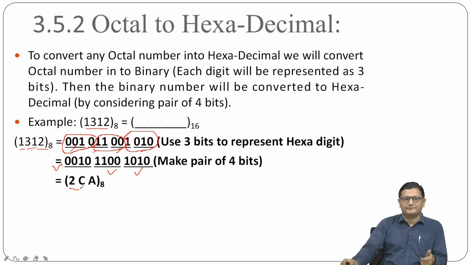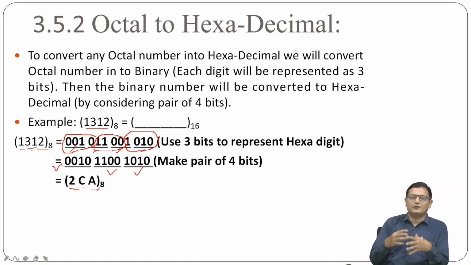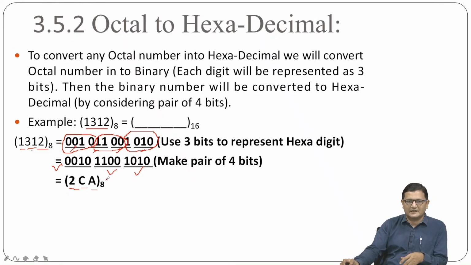By writing C. Now here, 1 is not there, 2 is there, 4 is not there, 8 is there, so 8 plus 2 makes 10, and in hexadecimal we write 10 with the symbol A. In this way, if any octal number is given to you, you can easily convert it into hexadecimal. By mistake I have written 8 here, but 16 has to be there, because this is a hexadecimal number, right.